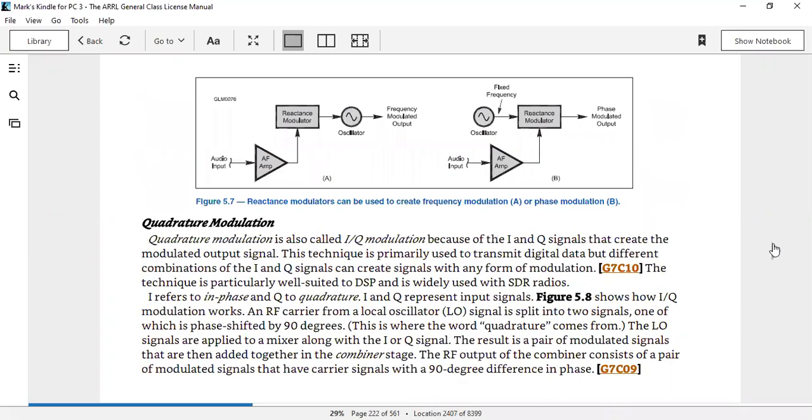Now, quadrature modulation, this is new stuff. This happened only in the last 10 or 20 years for software-defined radio. If you want to get a good book on it, the ARRL has a couple of books.